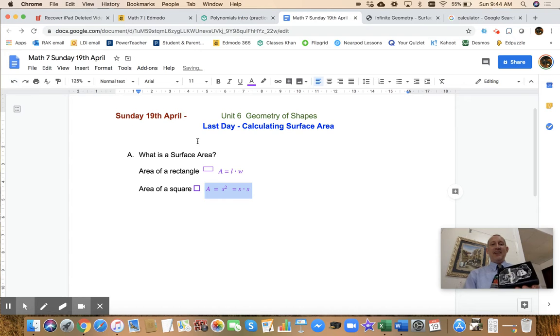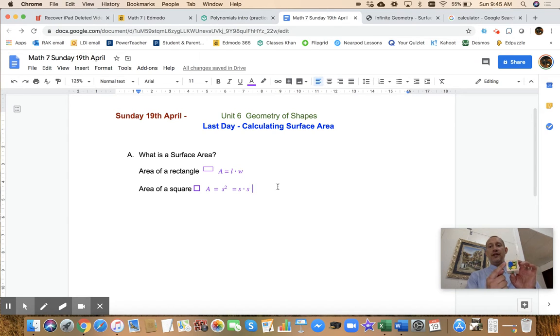Okay, if it's a square, it's the same thing. We have length and we have width, but if it is a square, the length and the width are the same length. So instead of calling it L and W, we just call it S for side. So if it's a square, just measure one side, because you know the other sides are going to be the same length.